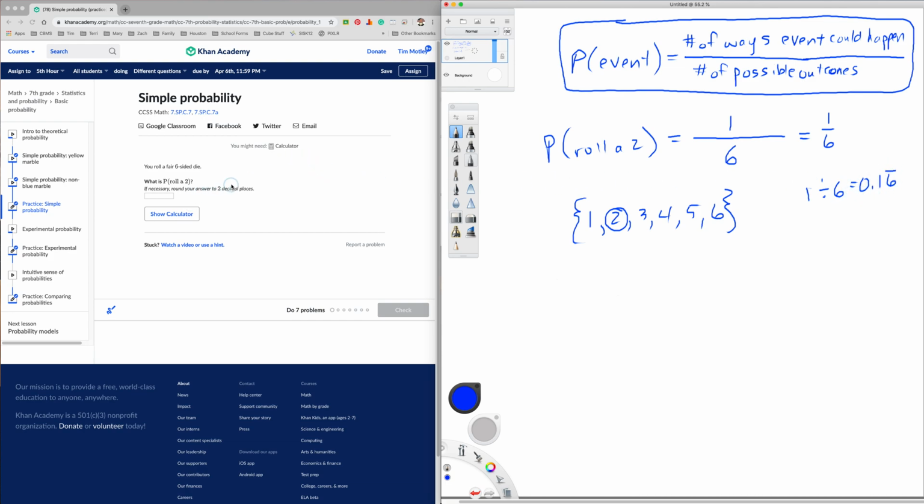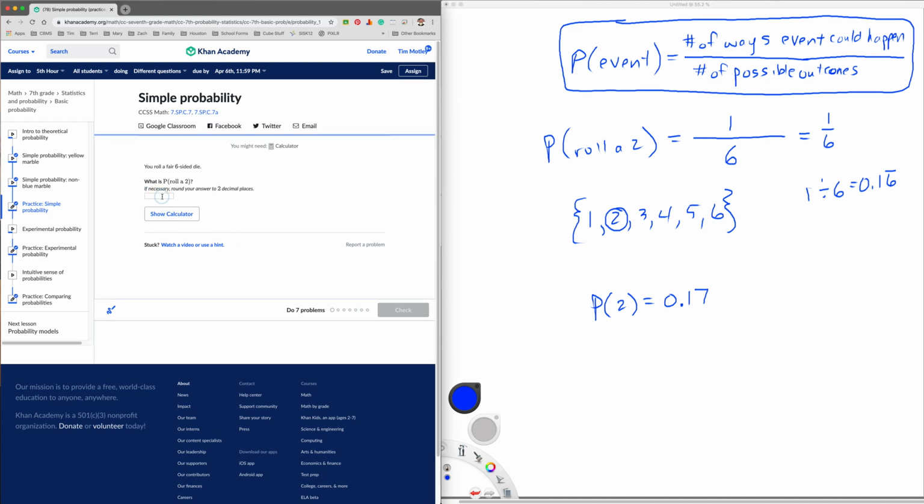And so it says to round it to 2 decimal places. So this 6 is going to round to a 7 because there's a 6 right after it. So the probability of getting a 2 is 0.17 if I round to 2 decimal places there.